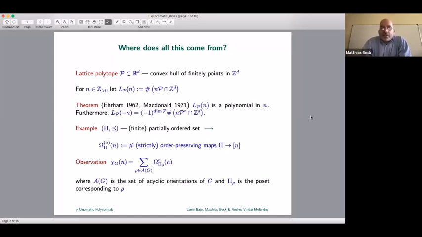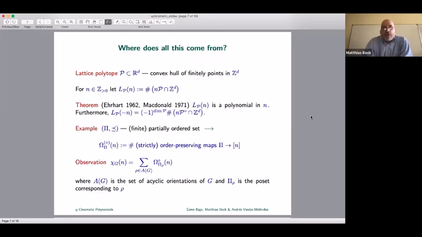So from my very geometric point of view, the chromatic polynomial is really a sum of strict order polynomials, where the sum goes over all acyclic orientations of your graph. This is not at all a new point of view. In fact, you can find it in Richard Stanley's PhD thesis.